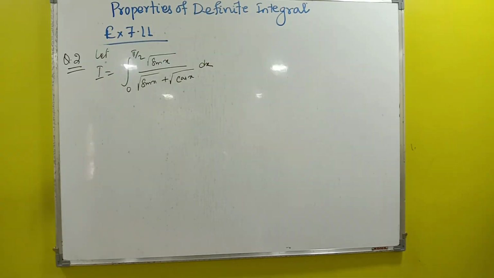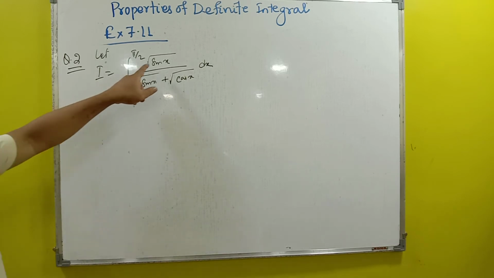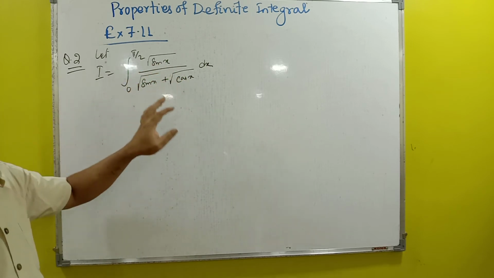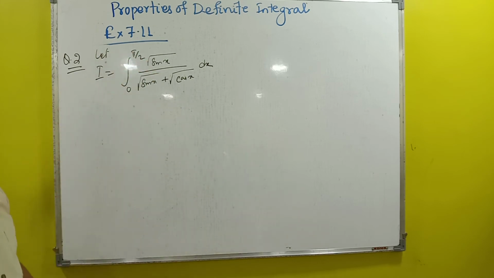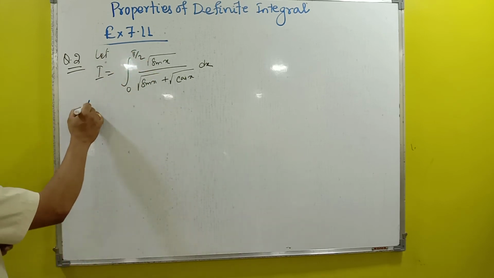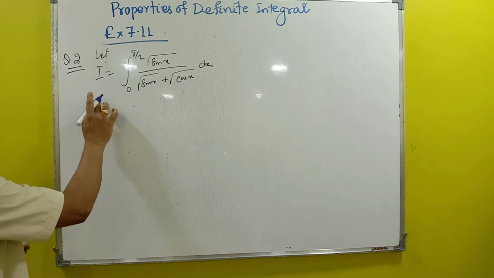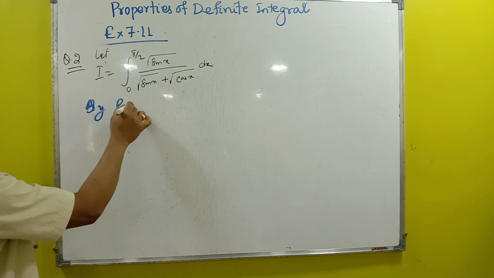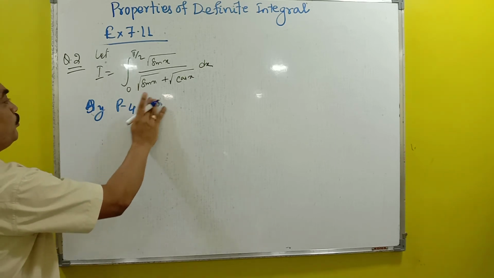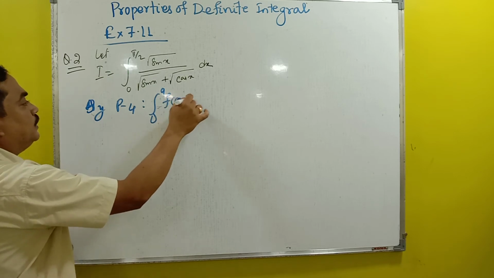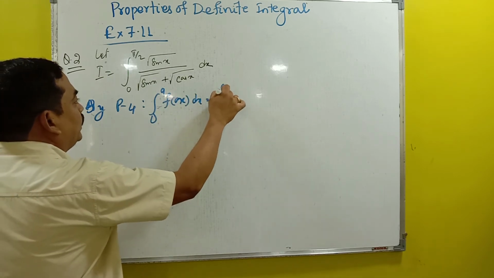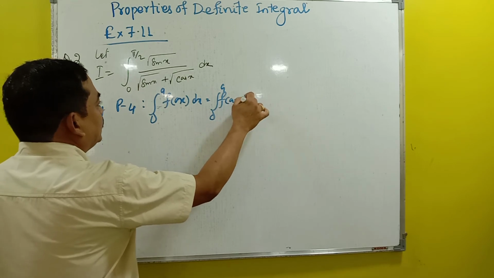Now see another question, question number 2. Here it is the integral from 0 to pi by 2 of root sin x upon root sin x plus root cos x dx. Let this integral be I. Now again you apply property 4, which means the integration from 0 to a of f of x dx is equal to the integral from 0 to a of f of a minus x dx.